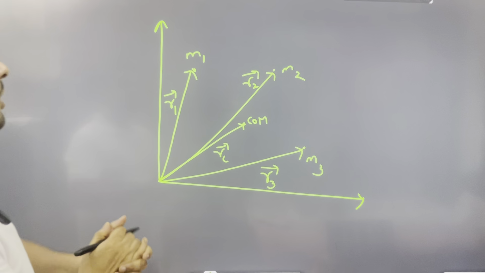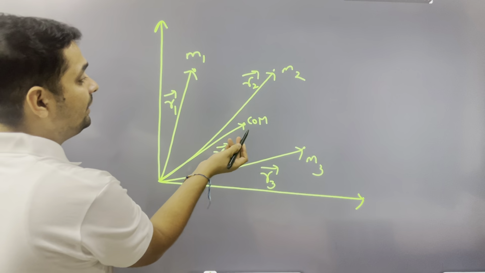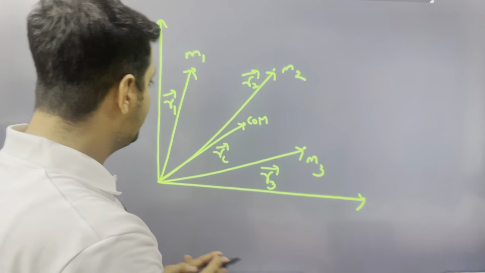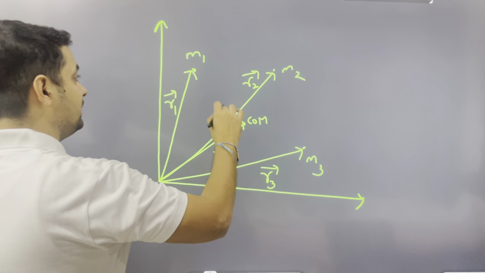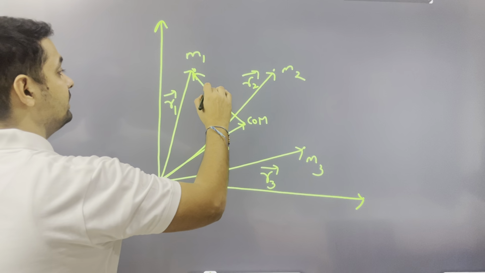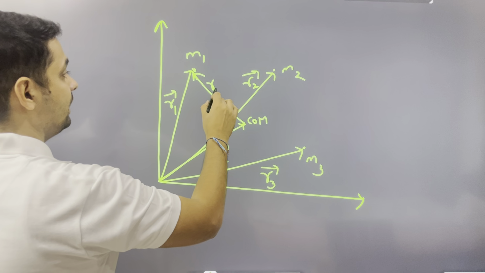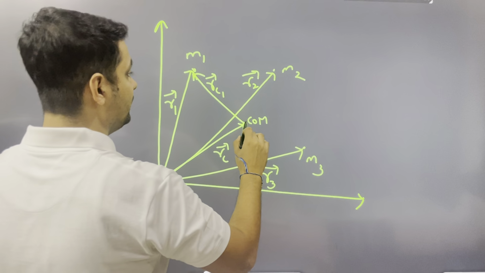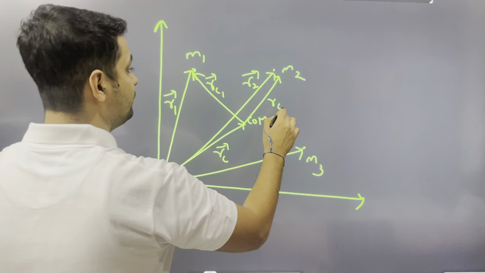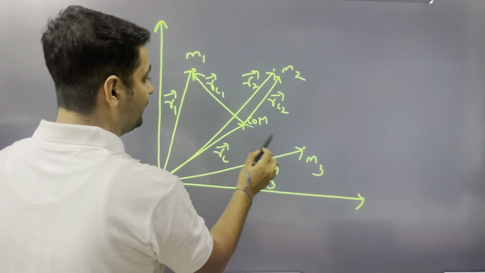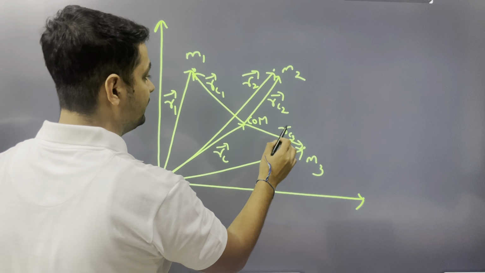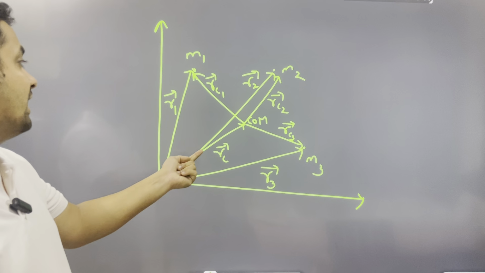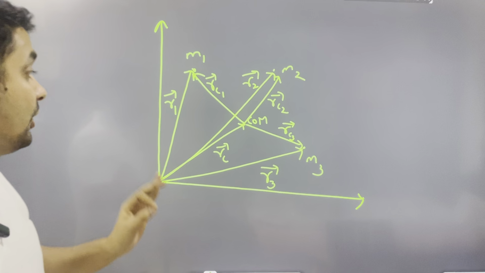Now if I consider the center of mass as a reference point for this whole system, I will find this one as rC1 vector, this one as rC2 vector and this one as rC3 vector, correct? So how can I write rC1 vector in terms of rC vector and r1 vector? We will use the triangle law of vector addition.